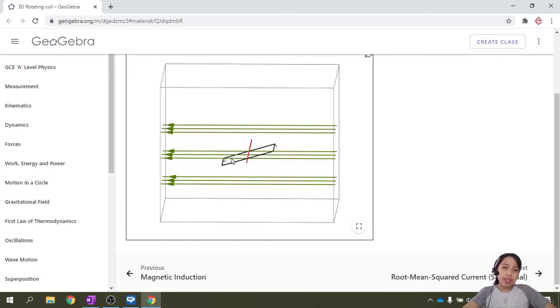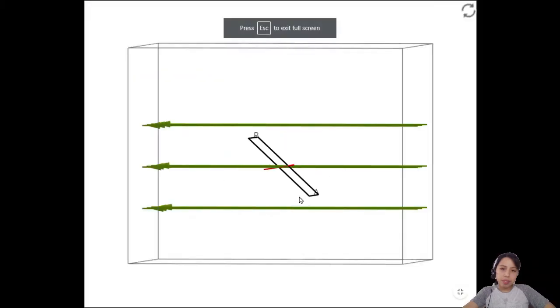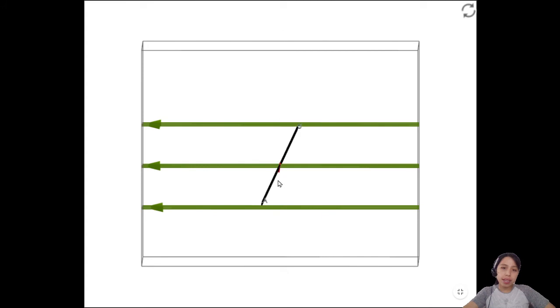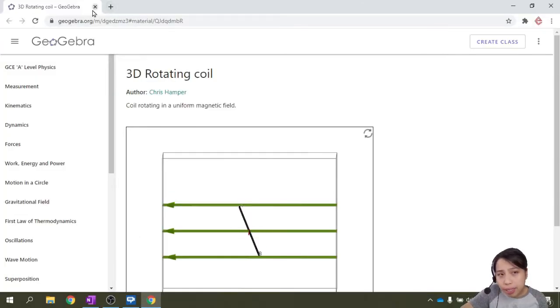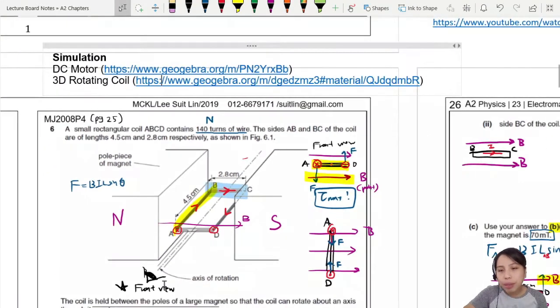Well, the truth is, yes, if you look at the angle between, let's align it this way. The angle between the magnetic field and this plane or the frame is changing all the time. So you're going to have some kind of magnetic flux that's also changing all the time. We will learn more about this in the coming sections when we zoom in a bit more about how to think about the different cases.